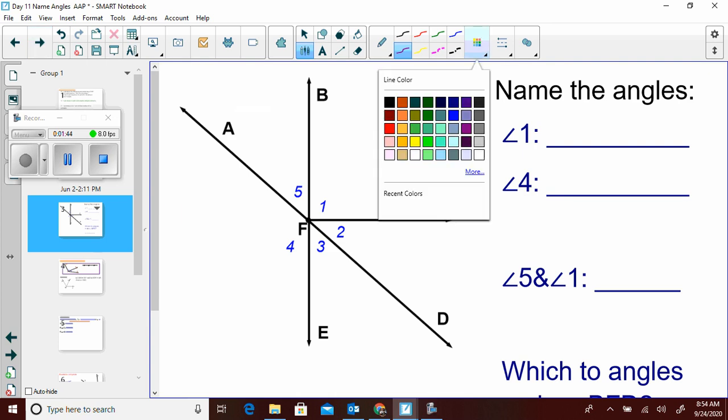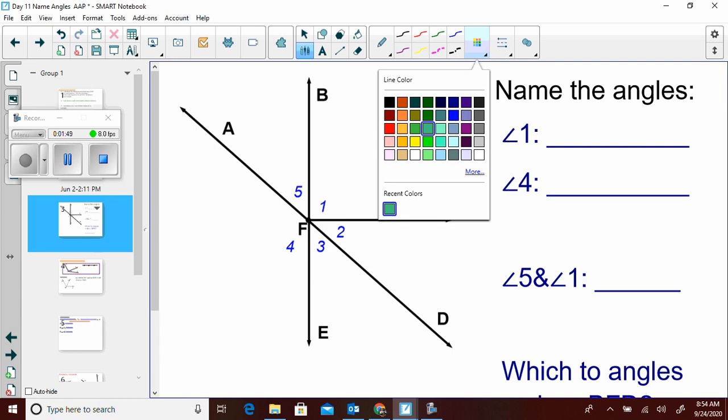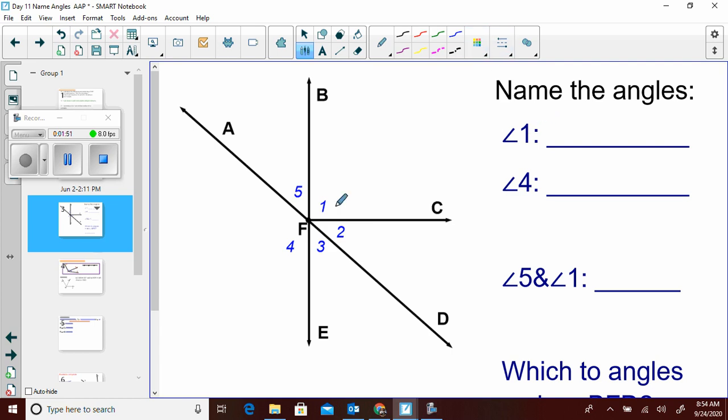So we're going to look at these together. We're going to name some angles. Angle 1 is right here. We can name angle 1 as angle BFC, or it can be named angle CFB.